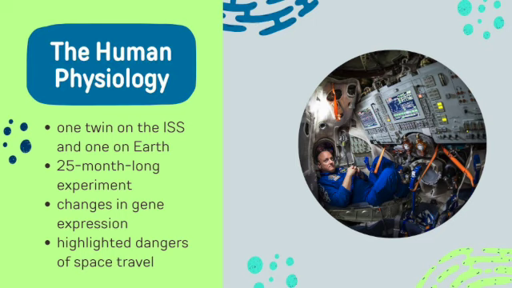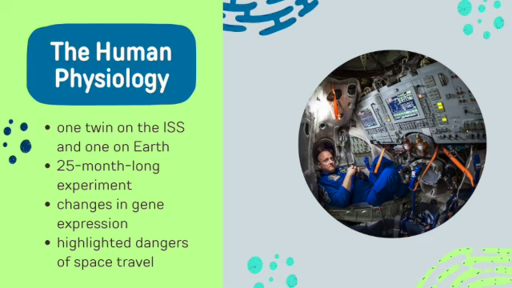And so they compared a lot of different factors, such as their physical makeup. They did a lot of blood tests. They did cognitive tests, tests on their immune system, tests on their metabolic system.